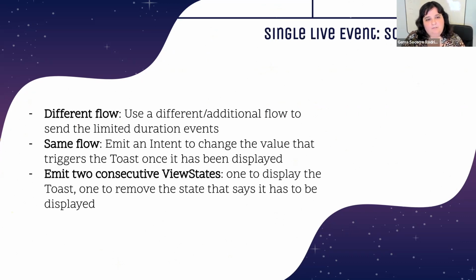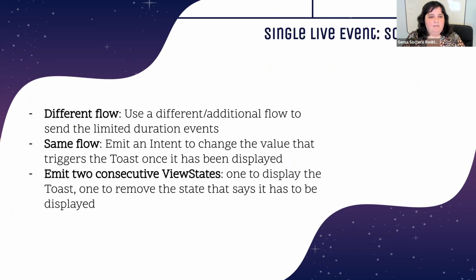So you can use a different flow, which means that you have a different flow in your view model to send the limited duration events, and that's it. For example, people tend to use a channel for this, because it will send the emission and it will not repeat it when you connect again.